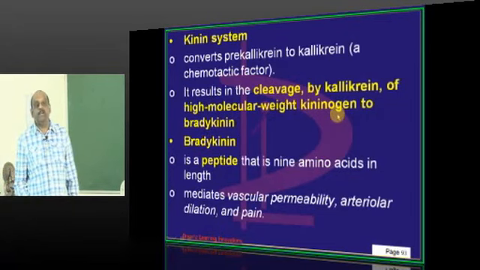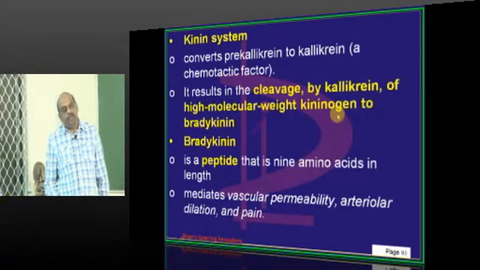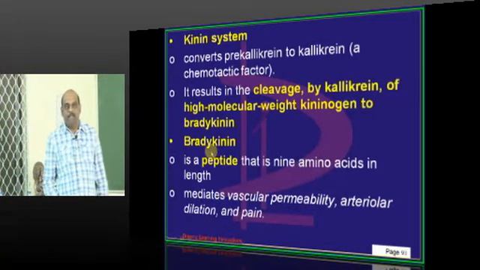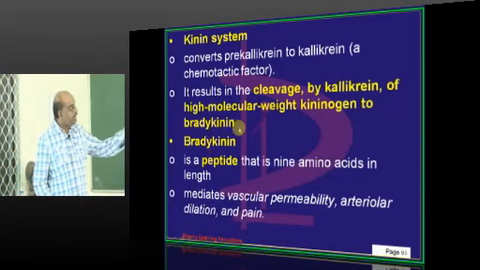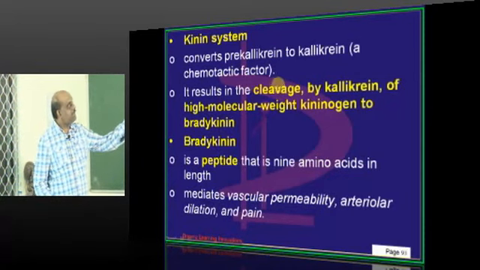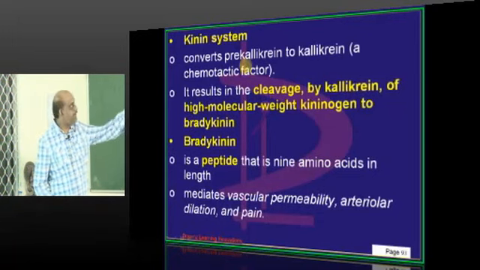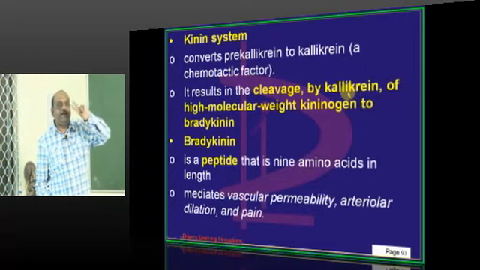It's also called HMWK. When it is cleaved, bradykinin will form. And who enables the cleavage? Kallikrein. From where is it derived? Prekallikrein. So, what are the two important functions of kallikrein, doctor?